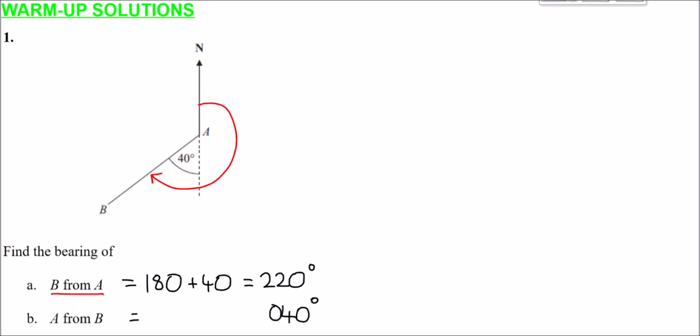So doing it the longer way, which I would only do up until quite recently, we go A from B. So we look at B and draw a north line from B going up.